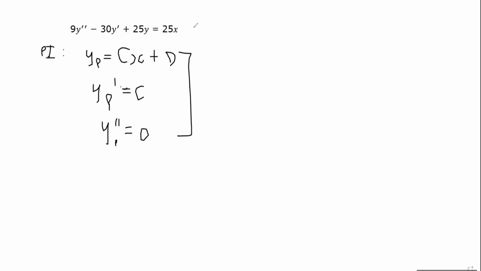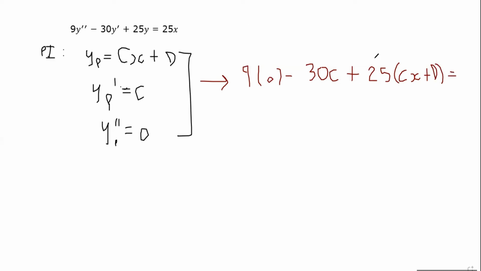So 9 times y double prime, 9 times 0, is of course 0, minus 30 times y prime, which is c, so minus 30c, plus 25 times y, where y is cx plus d, and that is equal to 25x.